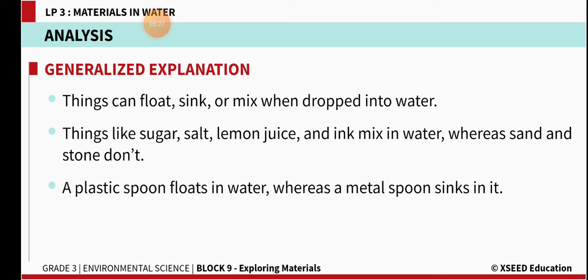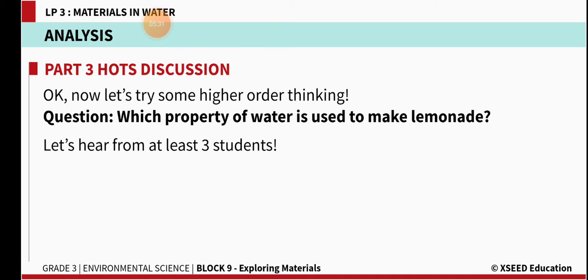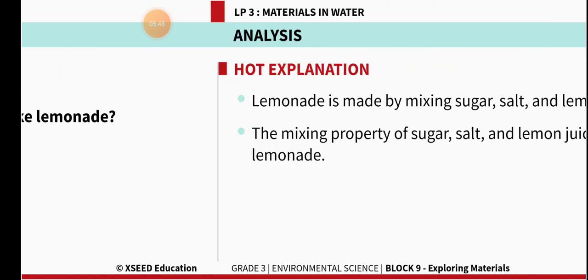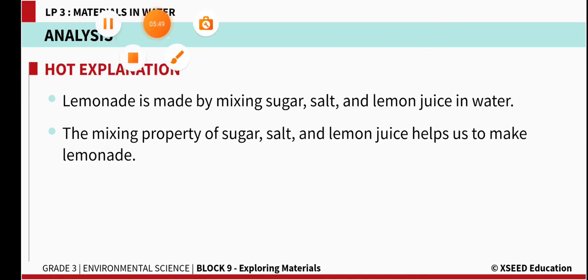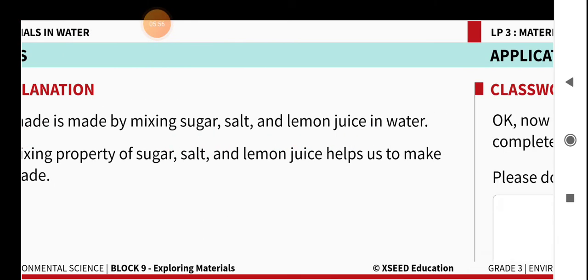So things which have more weight than the water, they are sinking. Which property of water is used to make lemonade? For lemonade preparation, sugar will be used, lemon juice will be used, and the water. Sugar and lemon juice can mix in the water, so the mixing property we are using to make lemonade. Yes, that's what is given here. Lemonade is made from sugar, salt, and lemon juice.